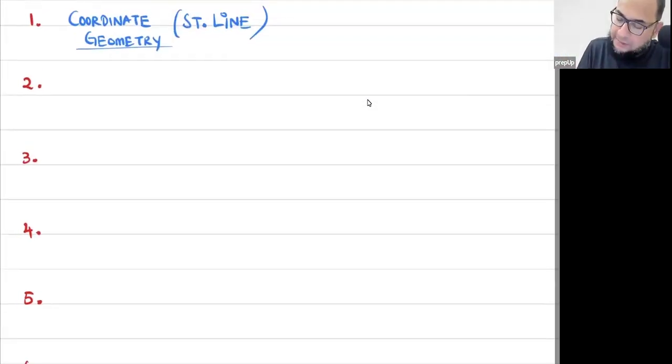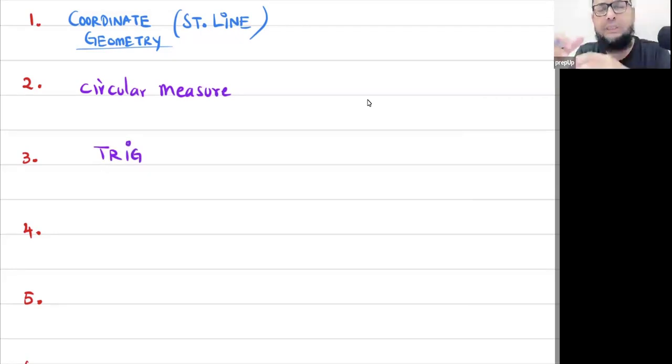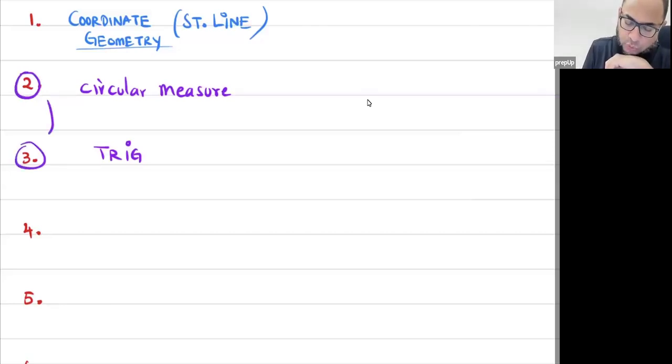Now, what are the other topics? The next one is circular measure. And circular measure and trigonometry are attached together. So it's our choice. We can either do trigonometry first and then circular measure, or vice versa. So these two, the order could change.